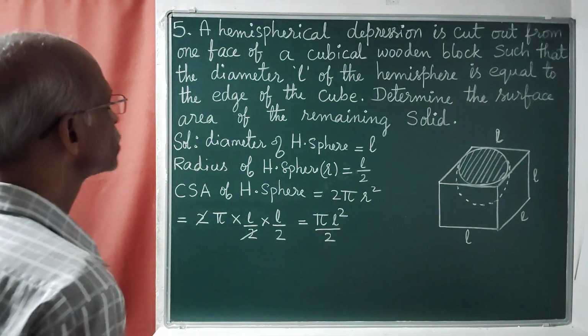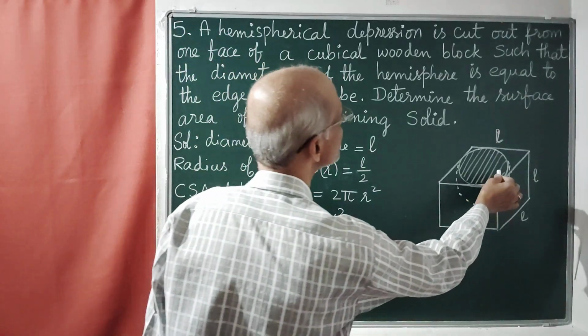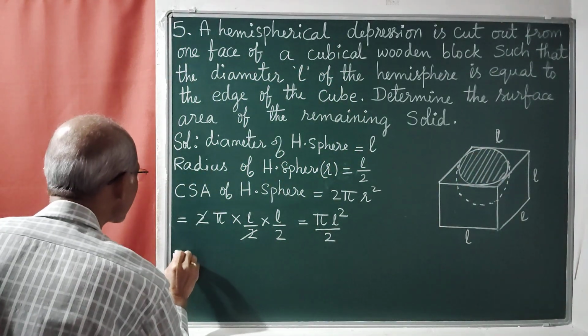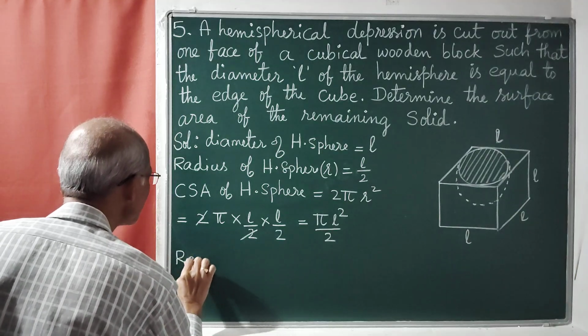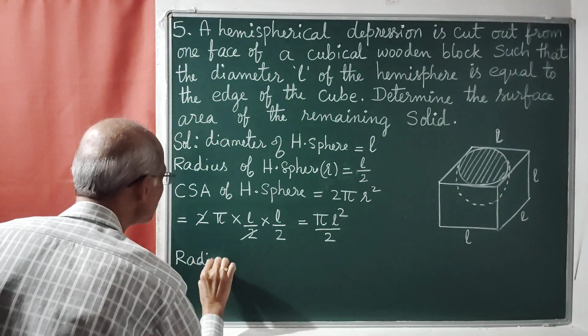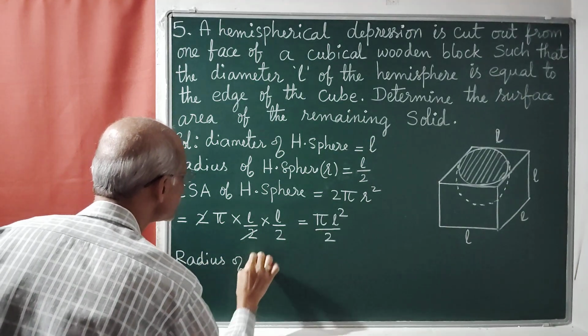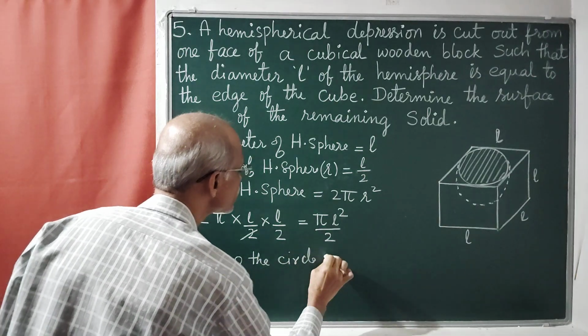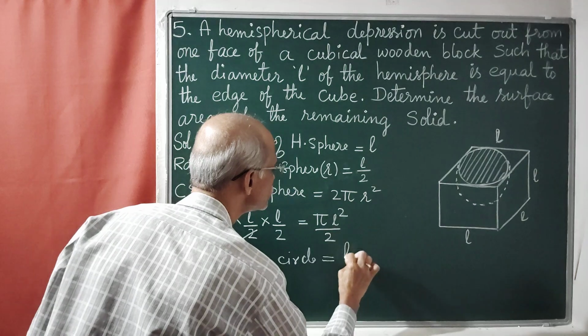Now we'll find the area of the circle. So here the radius of the circle is equal to L by 2.